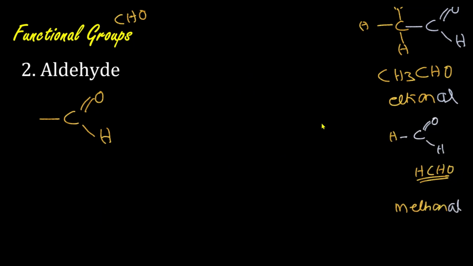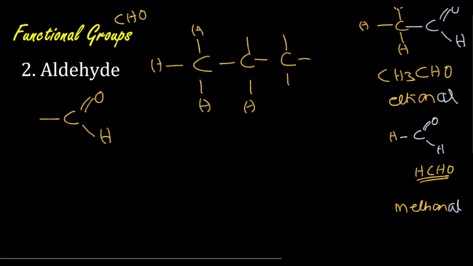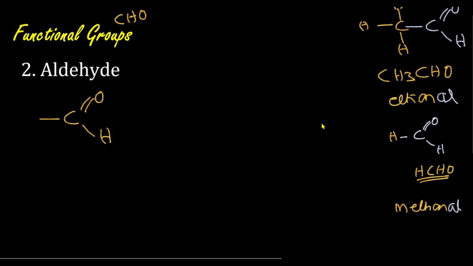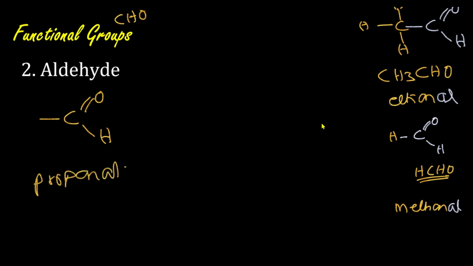Now next I'll take one more example with three carbon atoms. Ethanal and methanal are done, and if I am asked to make propanal, then for propane there are three carbon atoms. So first I'll write three carbon atoms in a straight chain.